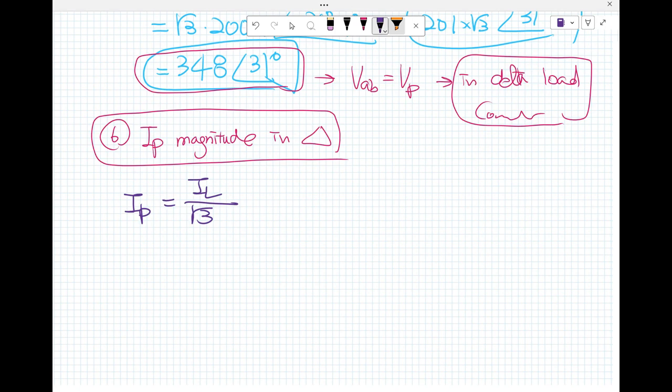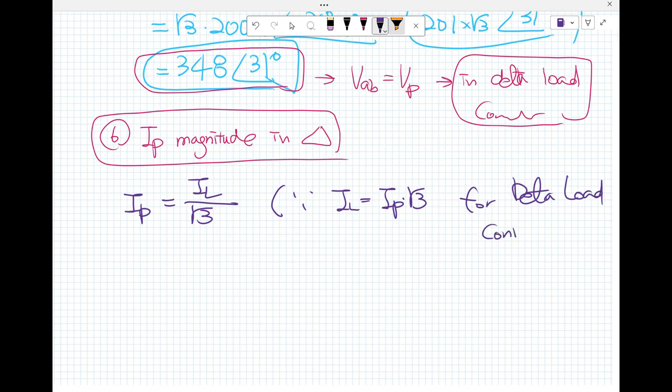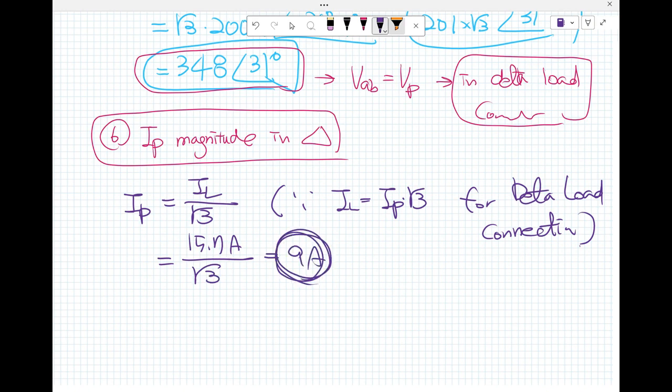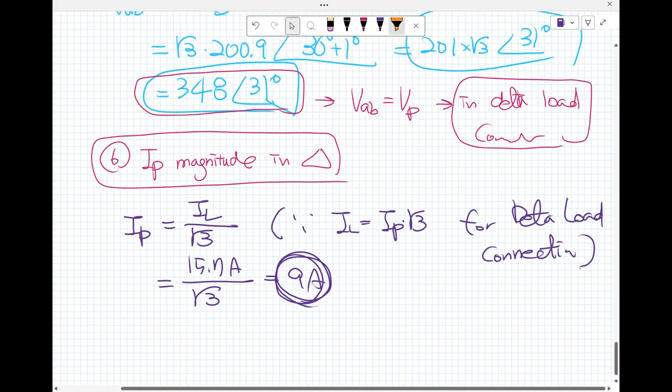I sub L equals root 3 I sub P, because we learned before that for the delta load connection. So that was 15.7 amps divided by root 3. This is 9 amps. Okay, that is the answer.